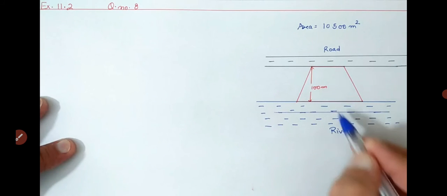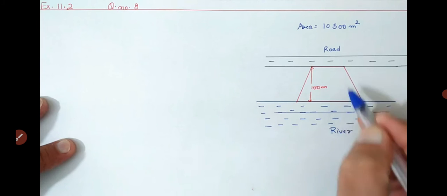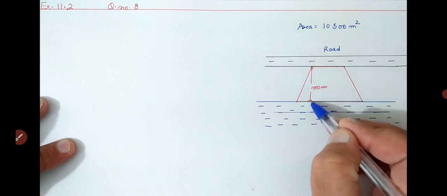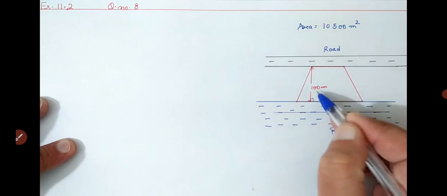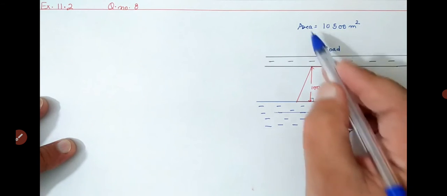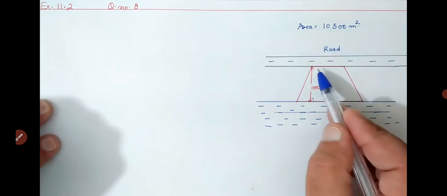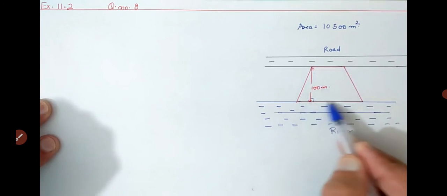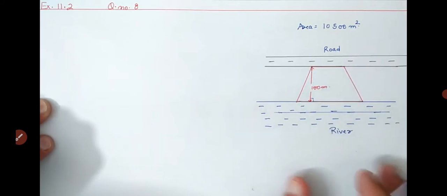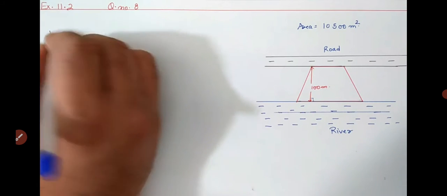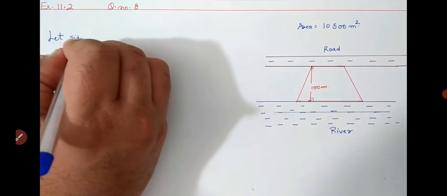Okay, understand. So what we can do here? First of all we see the distance is 100 meter. Okay, and it's perpendicular and area is given. So area of trapezium, we know that area of trapezium is equal to what is the formula? 1/2. Let the side be x.